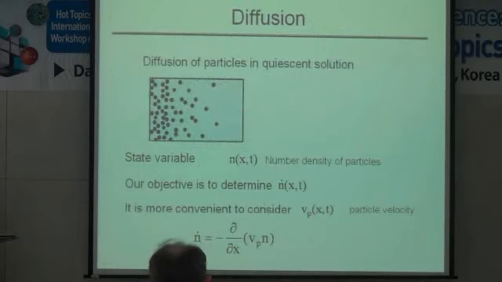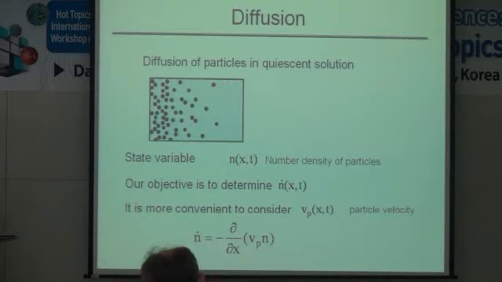The set of parameters x dot is the set of variables that specifies the non-equilibrium state, the current state. Of course, we can describe the non-equilibrium state by identifying the position of individual particles.